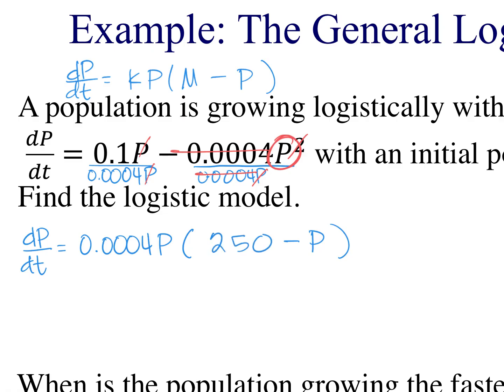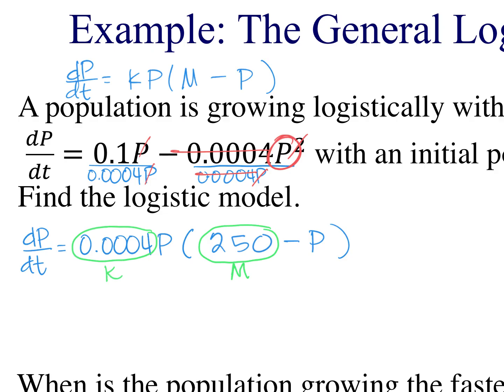Once you do that, it's like, oh, now I know what m is. I can easily, clearly see that m is going to be 250. What else is easy to see? Yep, k is going to be 0.0004.